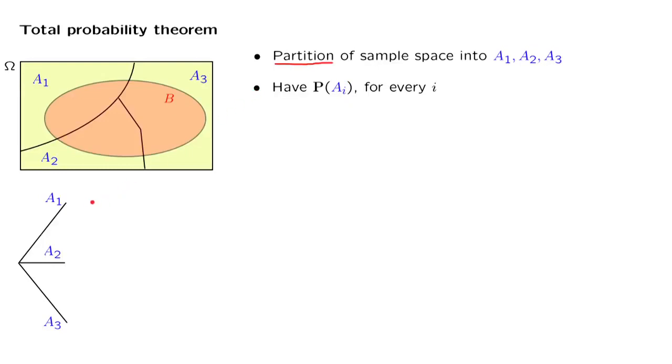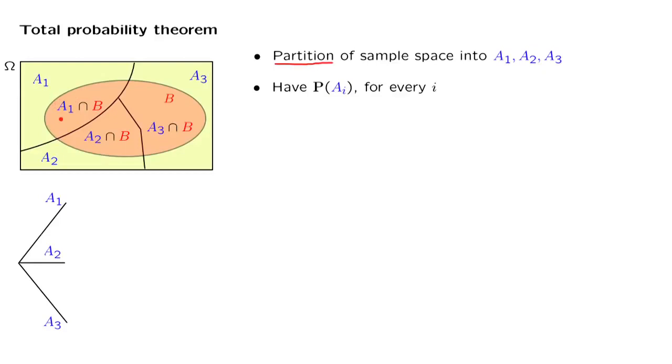If you prefer, you can also draw this situation in terms of a tree. There are 3 different scenarios that can happen. We're interested in a particular event B. That event B can happen in 3 different ways. It can happen under scenario 1, under scenario 2, or under scenario 3, and this corresponds to these particular sub-events.